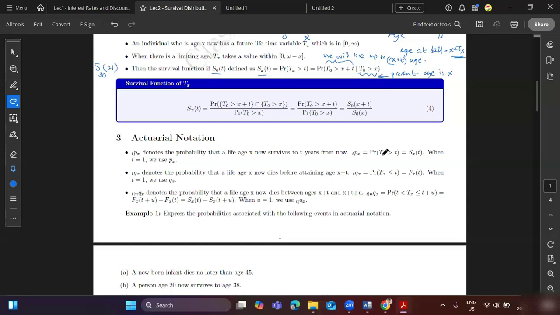So eventually it is a conditional probability. And we know that a conditional probability contains the joint probability and the event probability.